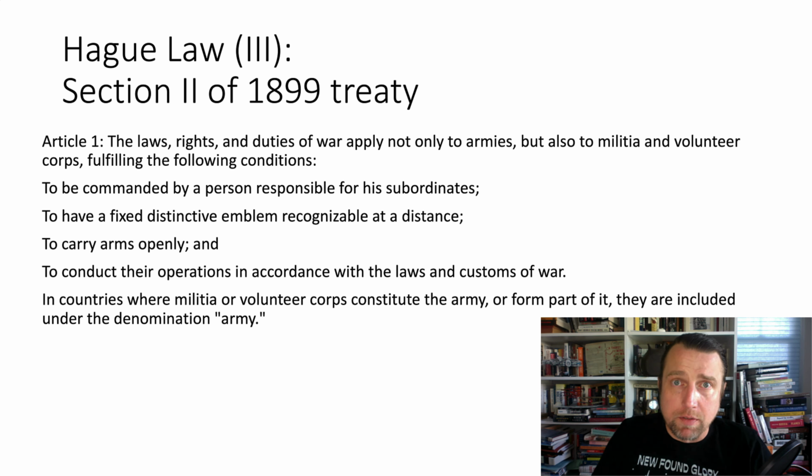"To carry arms openly, and to conduct their operations in accordance with the laws and customs of war." It continues, "In countries where militia or volunteer corps constitute the army, or form part of it, they are included under the denomination army." So this applies also during guerrilla wars, small wars, civil wars.